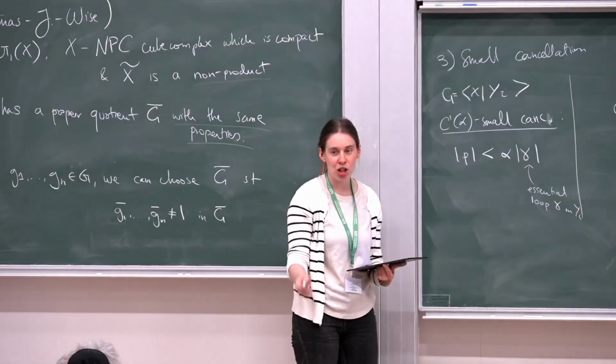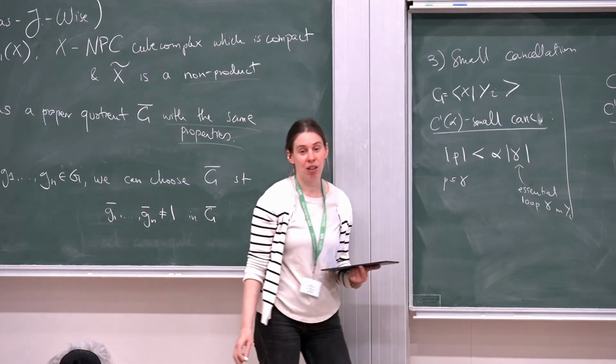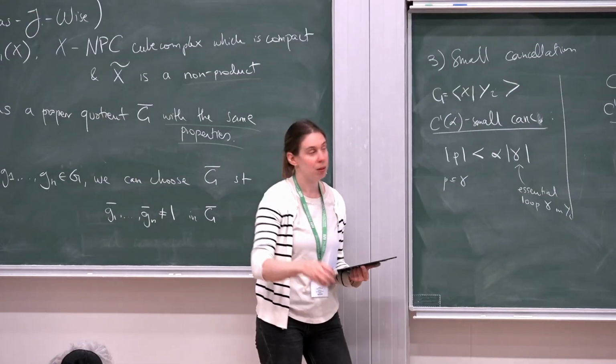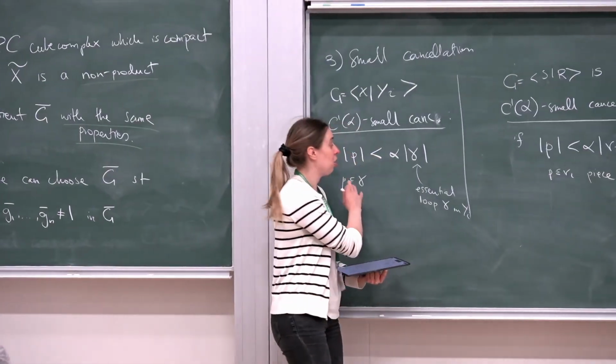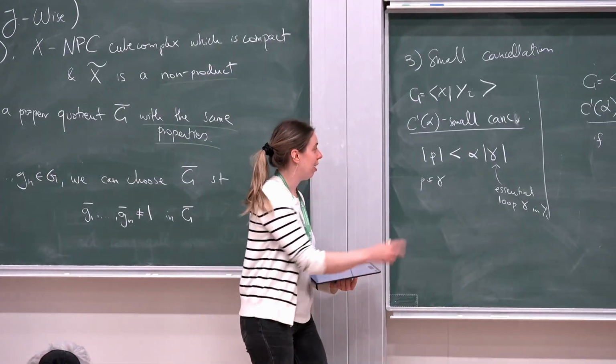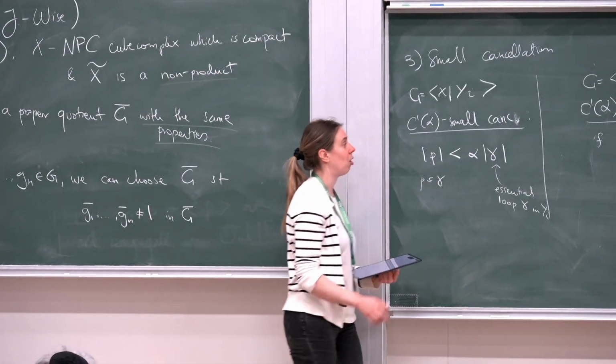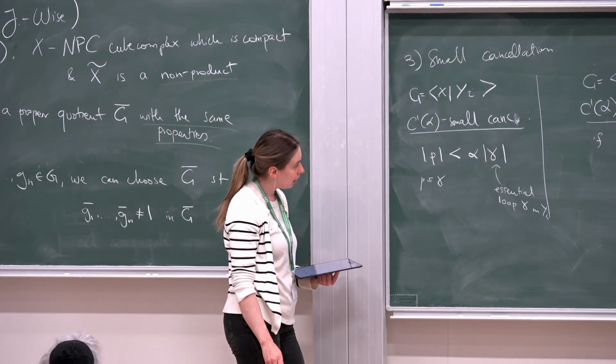So if I have an essential loop and I look at a P that is a piece contained in that loop, so some subpath that is also contained in some other relator or in some hyperplane carrier, I can again compare their lengths.